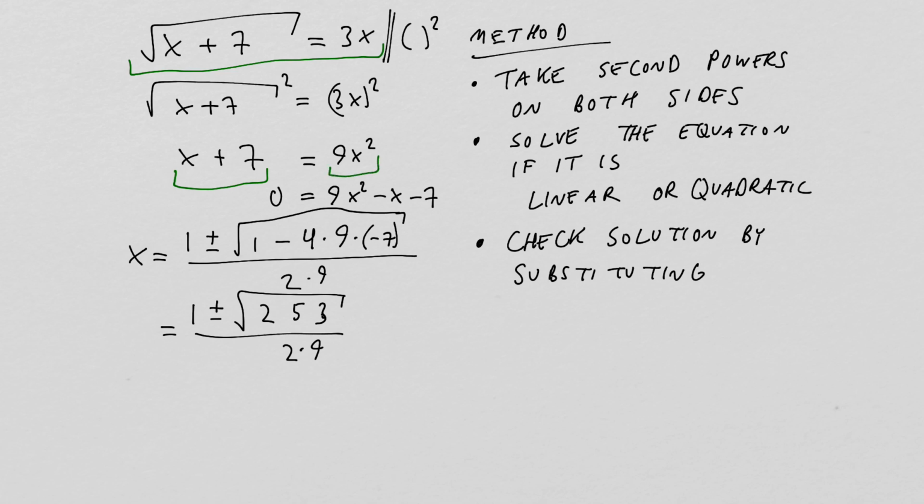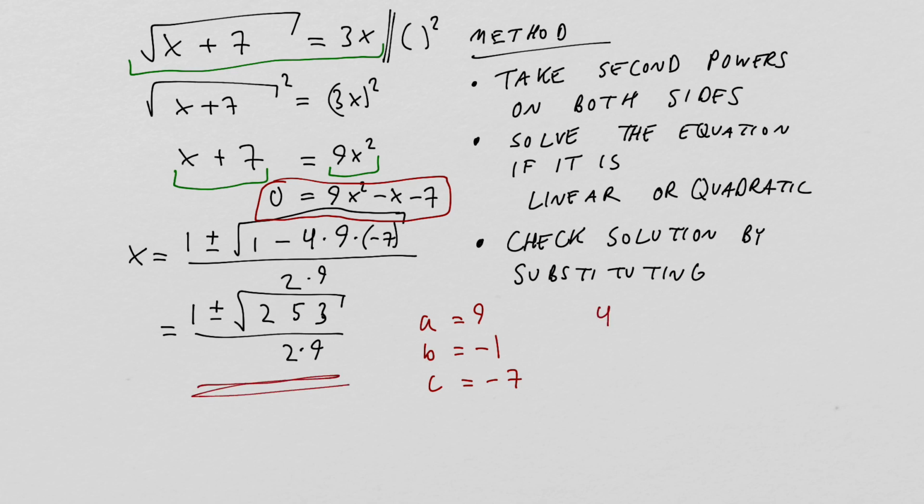Moving everything to the right hand side we obtain this second degree equation, and now we have the coefficients a is 9, b is minus 1 and c is minus 7. Substituting these to the formula we obtain this result.